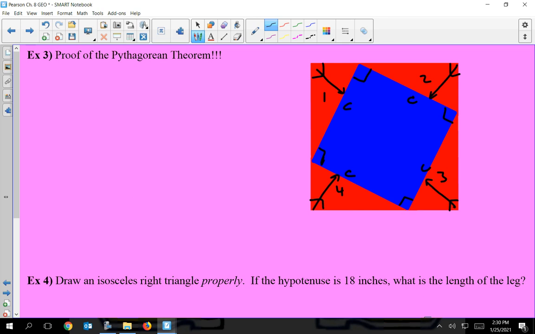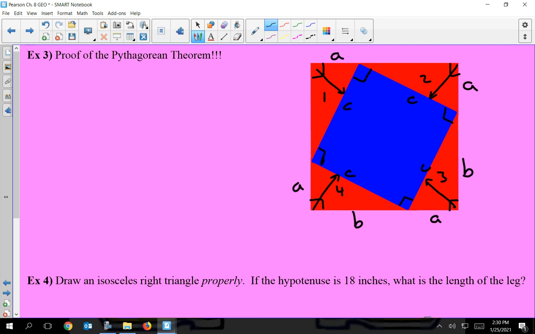Now, typically in the book, historically, the short side of a right triangle is A in the Pythagorean theorem. So let's go around and label the short sides of these right triangles A. Okay, and then the middle leg is typically labeled B in the Pythagorean theorem.